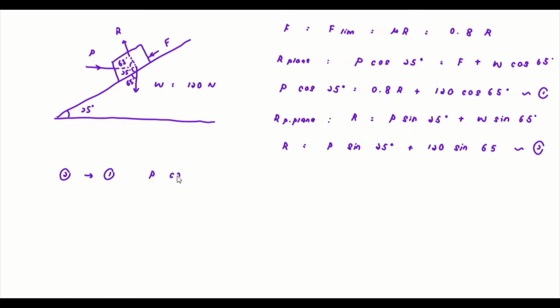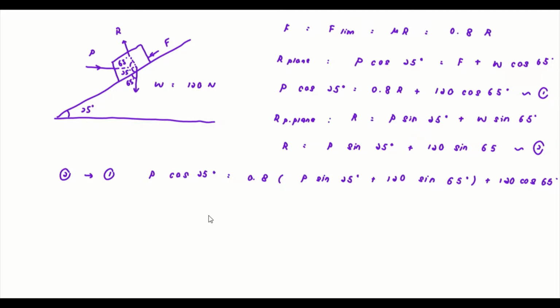So P cos 25 is equal to 0.8 times P sine 25 plus 120 sine 65, then plus 120 cos 65.